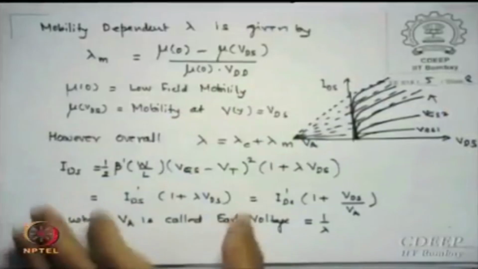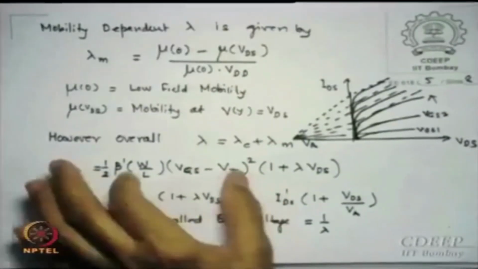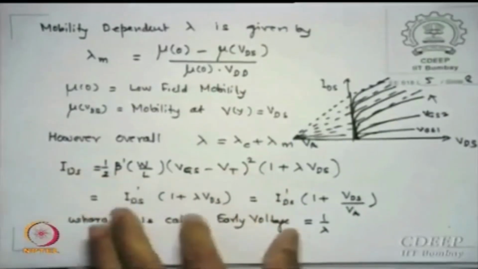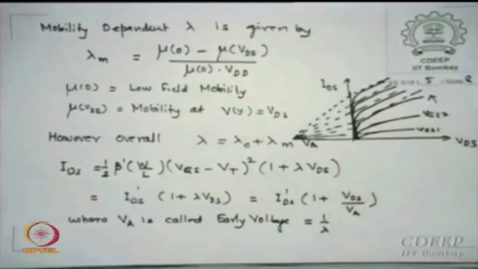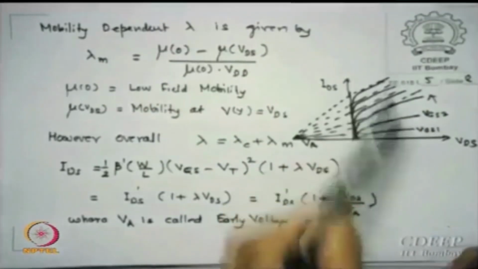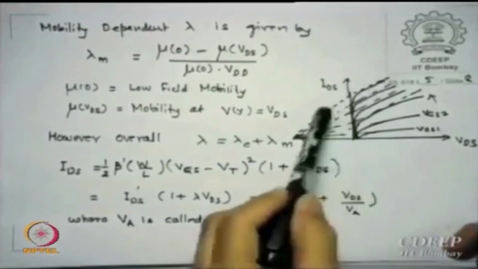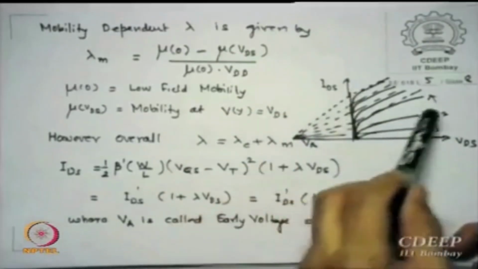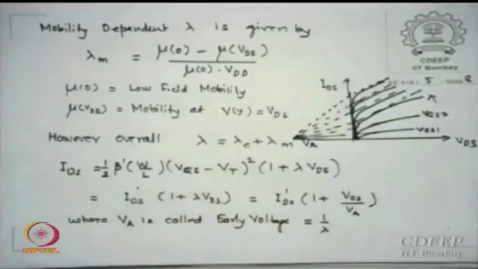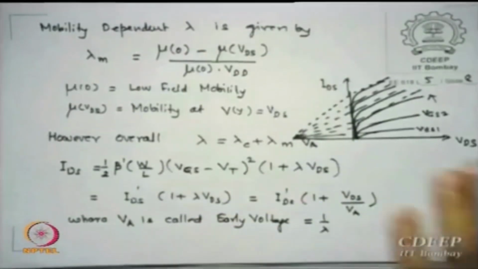So if I use this expression as it is, this is the expression without VDS and this is the expression with VDS, and I plot the IDS characteristics for different VGS. At least the lower side of the IDS-VDS curves from the knee side, if I extrapolate them down to the minus VDS axis, this is for an N channel device.